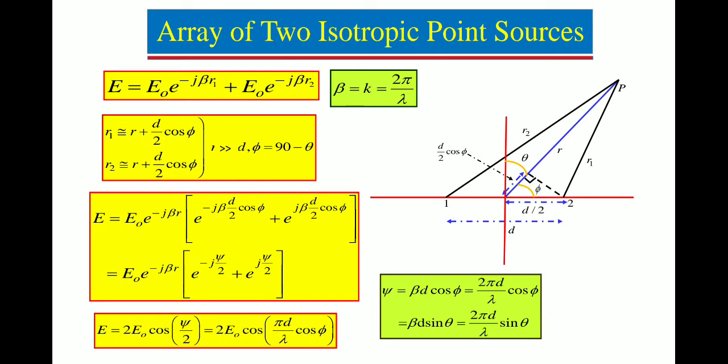So first we see arrays of two isotropic point sources, the array system for two isotropic point sources.